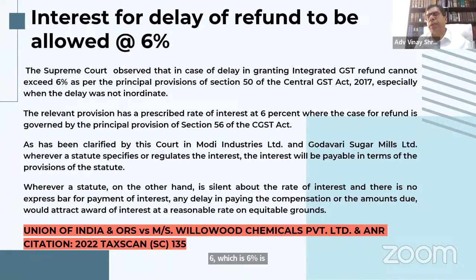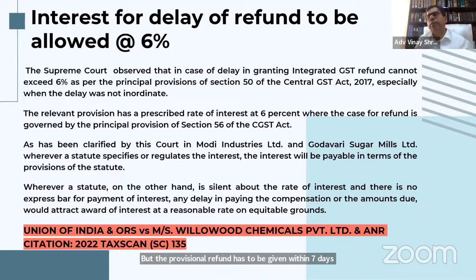So in one of the matters in which I appeared before the Honorable Gujarat High Court, interest at the rate of 9% was allowed, because as per section 56, the period for calculation of interest starts after the 60th day, but the provisional refund has to be given within 7 days.